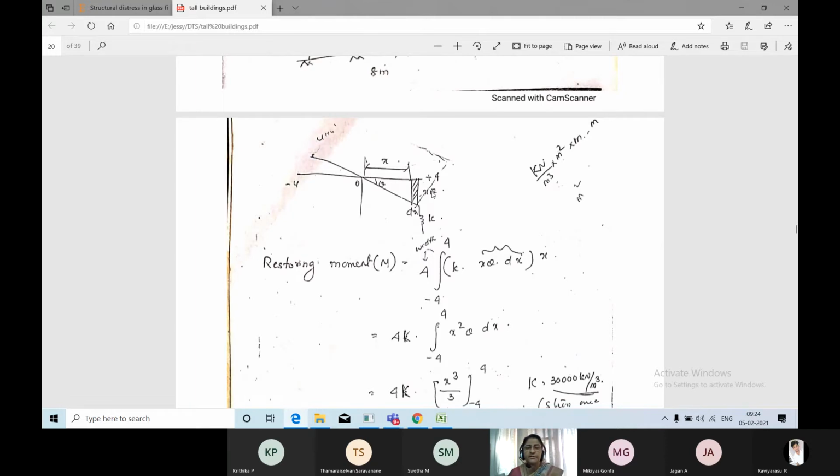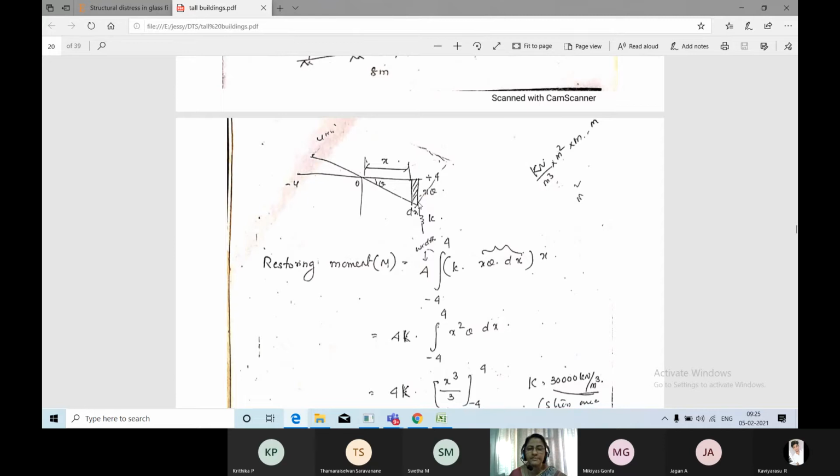Similarly, each strip I can integrate from minus 8 to plus 8, this end to this end. Or I can take it as minus 4 to plus 4, or write 2 times 0 to 4. What is the area of this strip? This is dx.